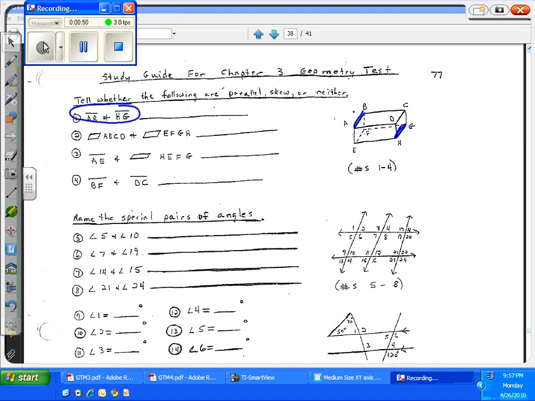Parallel lines are coplanar lines that never intersect. Remember, we're thinking about the lines, not necessarily just the segments, you see. But you see the diagonal plane that those are part of? Those are two lines that are coplanar and never intersect, so they are parallel.